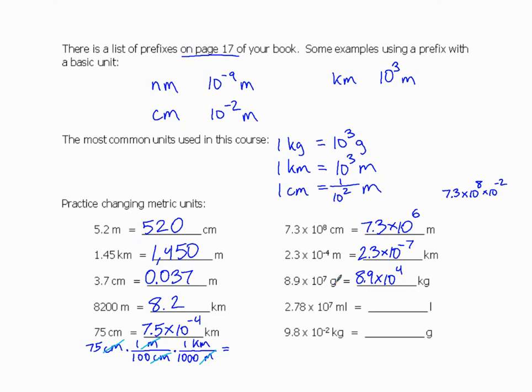2.78 times 10 to the 7th milliliters. Milliliters, that should be a capital L. That should be liters. A milliliter is 1/1000th of a liter. So the number for liters should be 1,000 times smaller, which is 2.78 times 10 to the 4th power.